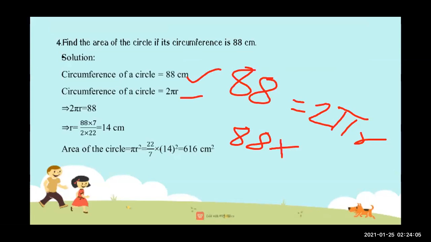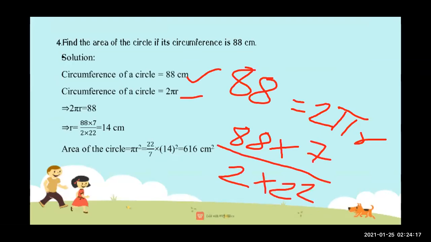The 2 will go downward. Pi is 22 upon 7. When it goes there, it becomes 7 upon 22. And only r will remain. See what I have done. 88 will remain here only.